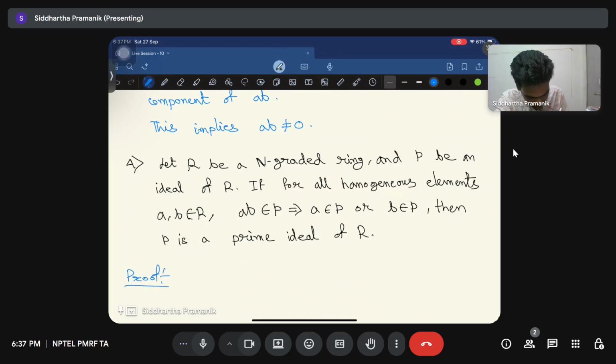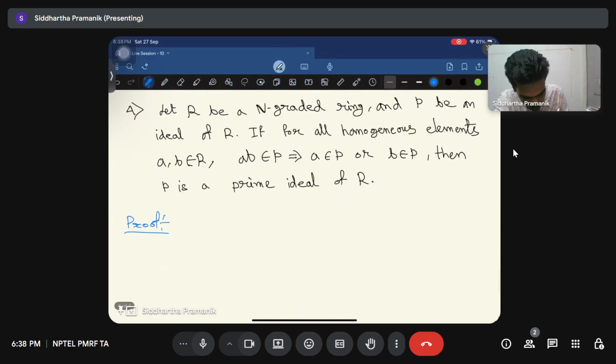P is a prime ideal of R if and only if R mod P is a domain.